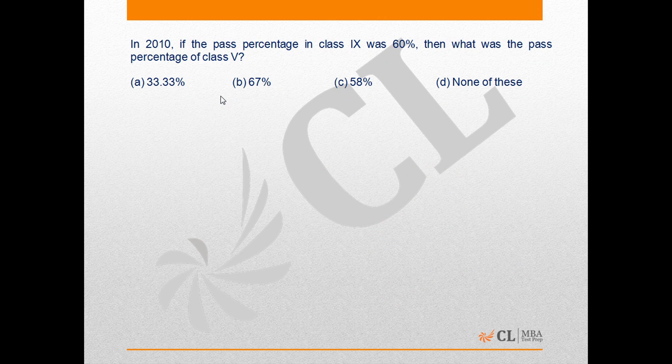In the last question, it is given that the pass percentage in class 10th was 60, which means (X minus 31) upon 45 into 100 was 60. From here we get X equals 58, and we have to find the pass percentage of class 6th, which is (X minus 25) upon 100 into 100.